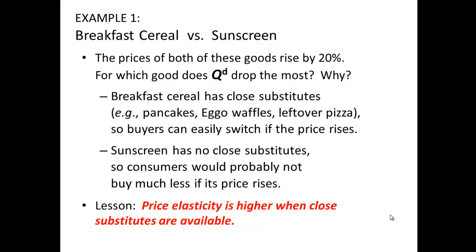So because breakfast cereal has so many different substitutes, if there's a change in price for one particular brand of cereal, then you will find that the elasticity is going to be higher because the consumer can switch. There are enough close substitutes for the consumer to switch.